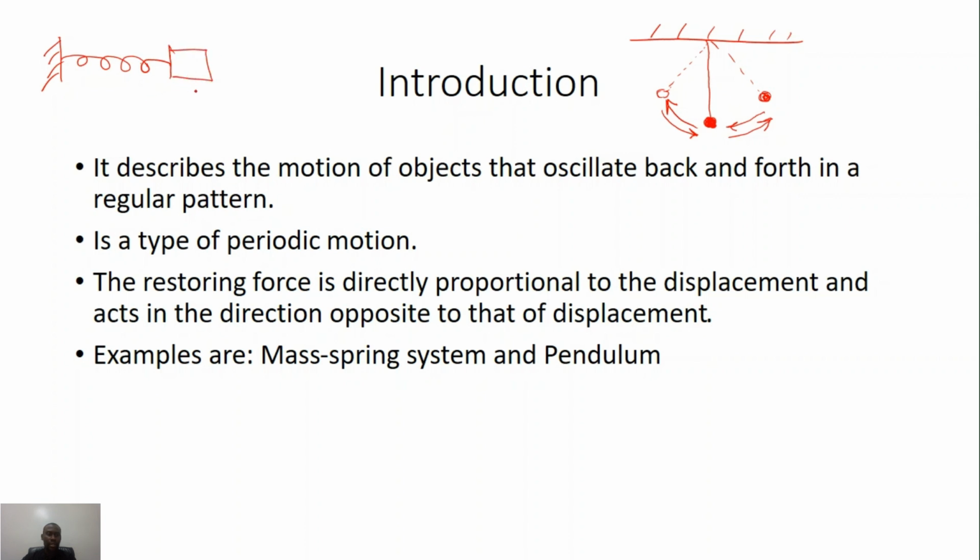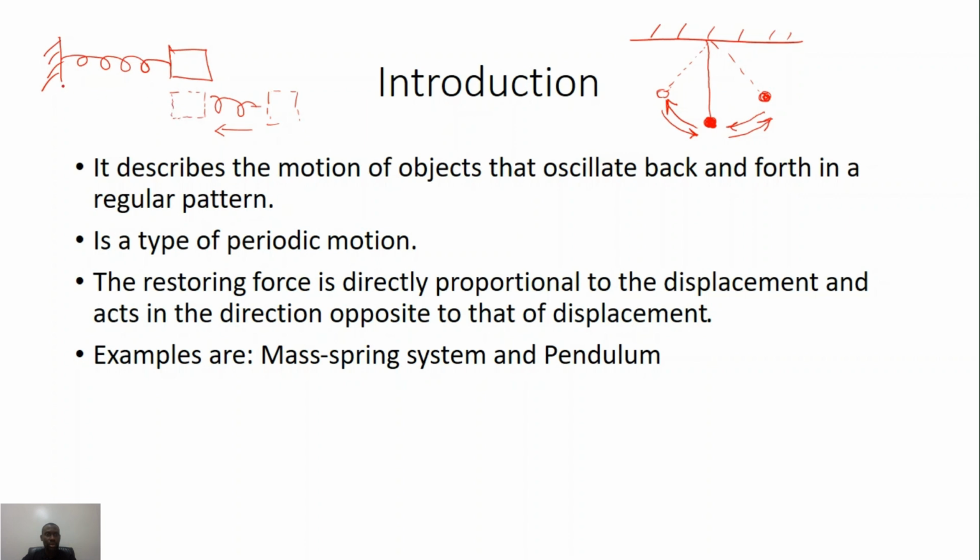If this mass is displaced, if this string is pulled with a force F to this position and is released, what we witness is that this string bounces back and tends to return back to its original position.